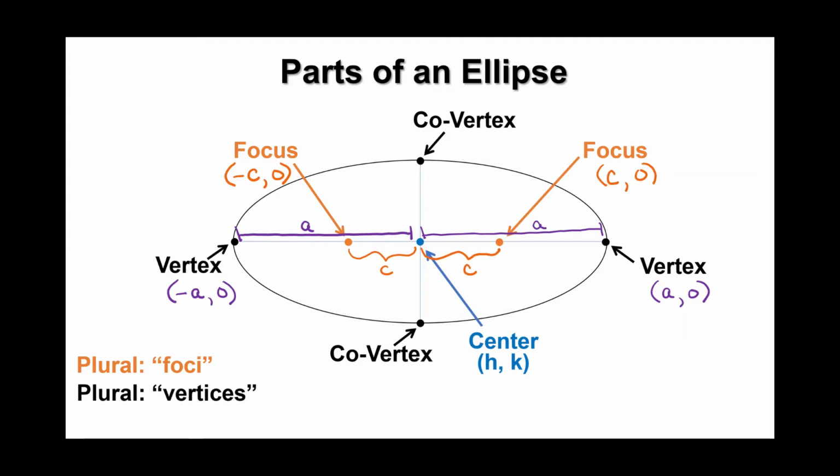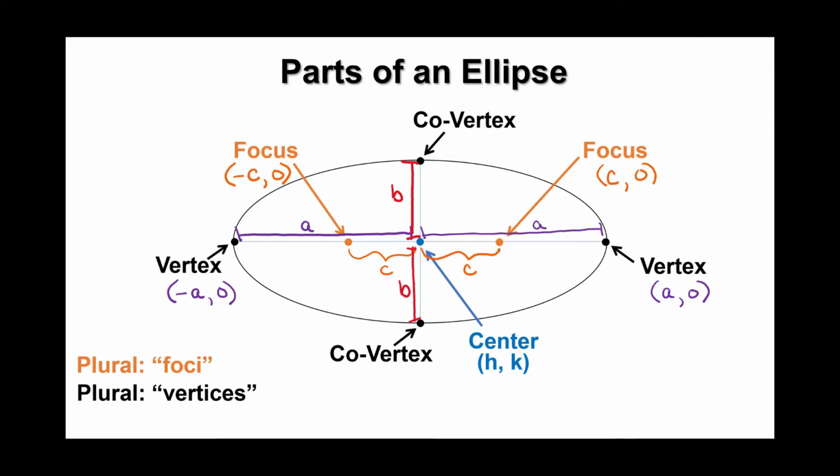Now the distance from the center to that covertex is b, and the distance from the center to the other covertex is also b. So here's really our key things that we've got to remember, and you're going to have to reference your reference sheet, your notes, as you do for the next several days.